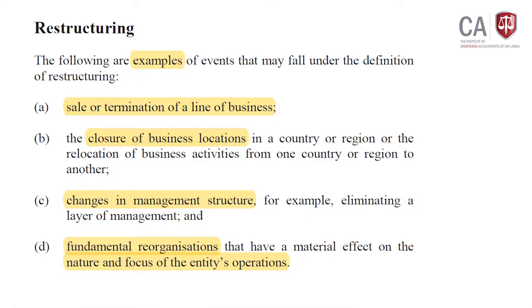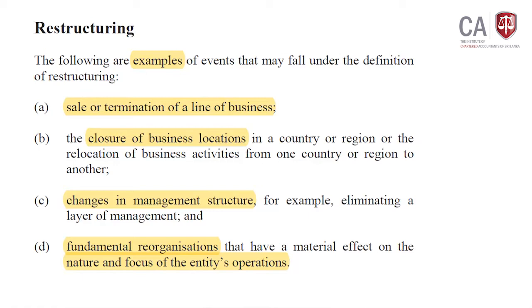You stop the business of exercise books. You continue with marker pens and some other stationery items. You stop one line of business, which will come under what? Restructuring.